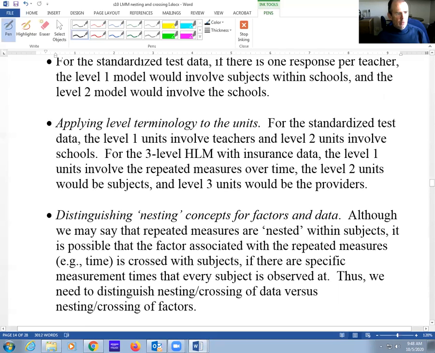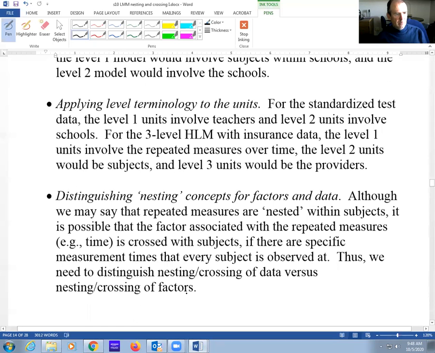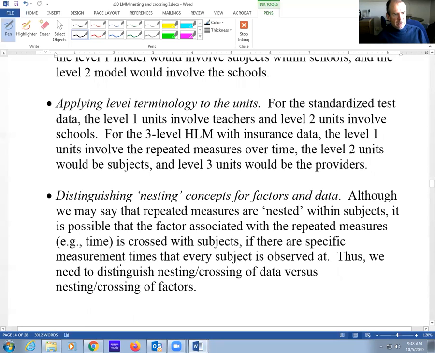Although we may say repeated measures are nested within subjects, it's possible that the factor associated with repeated measures, for example time, is crossed with subjects if we're looking at the subjects at the same time points. So again, the way we consider the terms here depends on whether we're talking about factors or data or something else, so they may need to be defined separately.